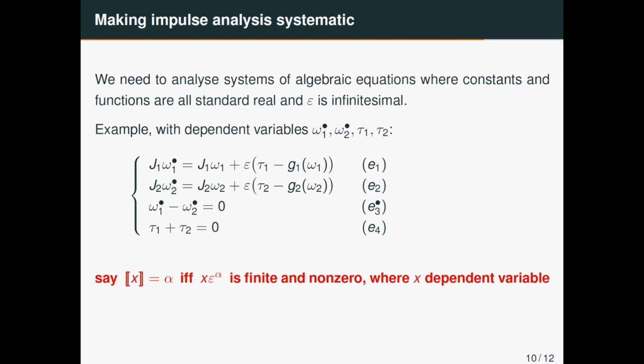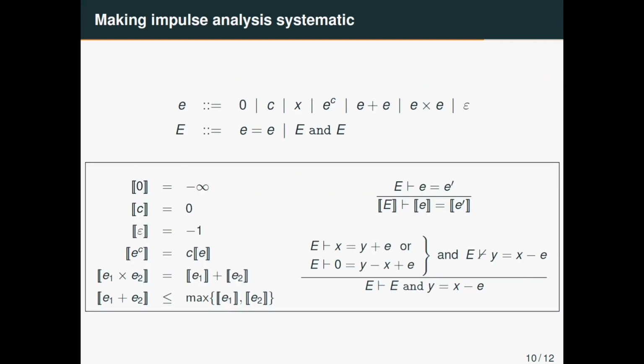The example we have seen is the system determining the restart of the clutch at an engagement. Say that the impulse order of x is alpha if and only if x times epsilon to the alpha is finite and non-zero. We don't comment on this slide in detail, see the paper for this.